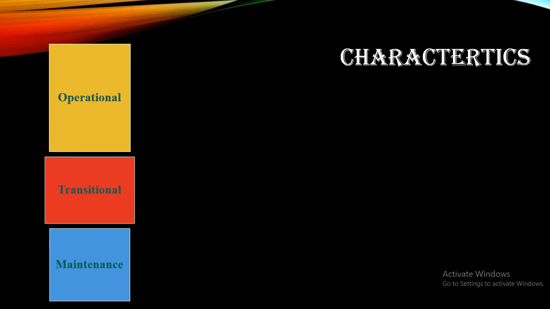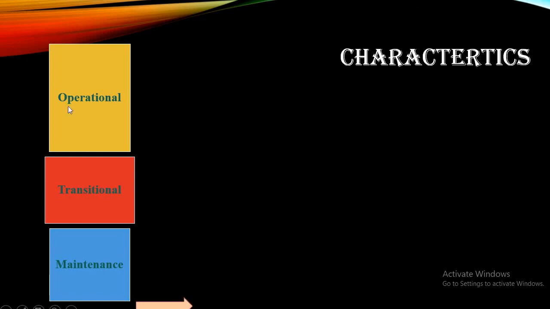Every software must satisfy some attributes, and a few attributes given as characteristics here are the operational attribute, the transitional attribute and the maintenance attribute. These are considered to be the important characteristics of software by some professionals.